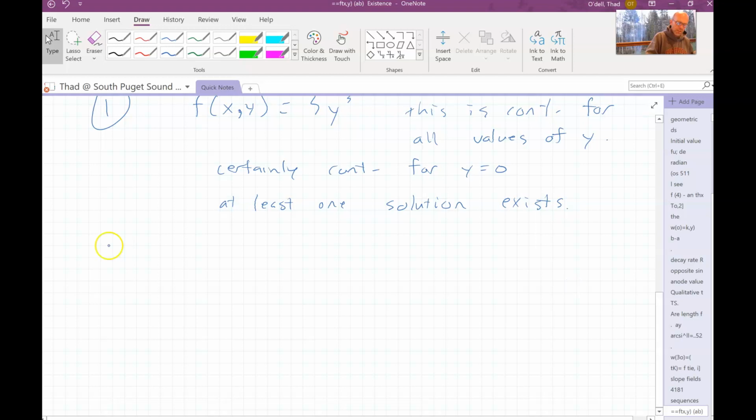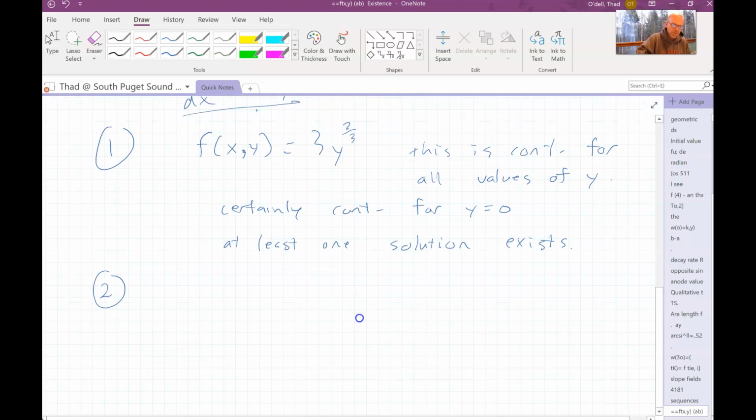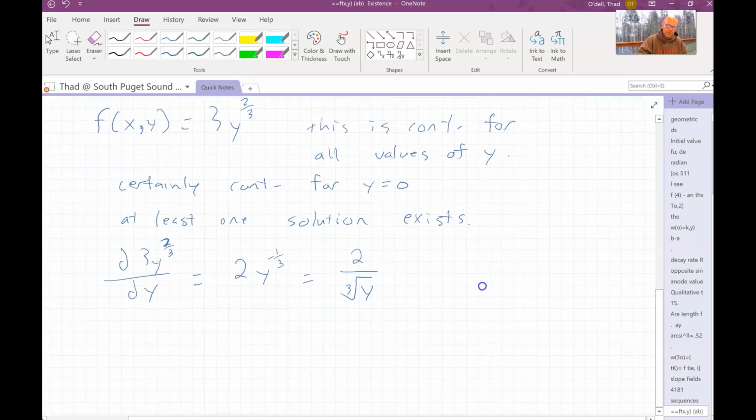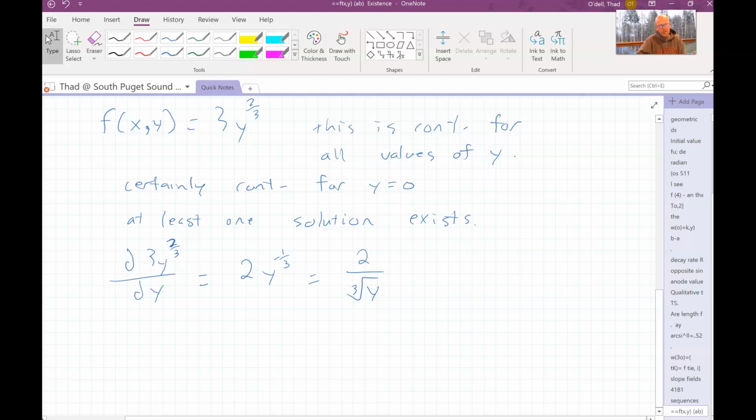Now we're going to test for uniqueness. We know at least one solution exists. Now we test: is there a whole bunch of them, or is there only one? So we take the partial derivative of 3y to the 2/3 power with respect to y. 2/3 times 3 is just 2, and dropping the power by 1 gives negative 1/3. So we have 2 over the cube root of y. Again, we test for continuity.